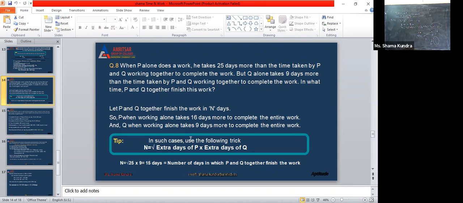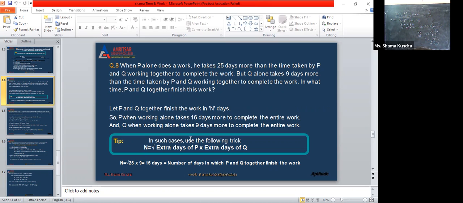It might look complicated right at the start, but let us try to analyze what the sum is. Now P and Q are working together. Let us assume that they take n days to complete the work. What they have given is that P plus Q takes n days, and P alone takes 25 days more, that means n plus 25 days, and Q takes 9 days more, that means n plus 9 days.